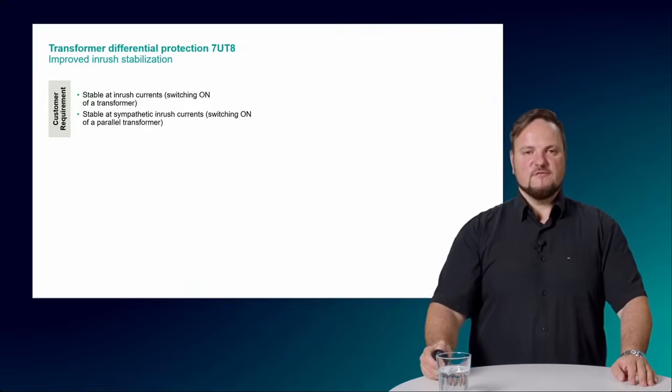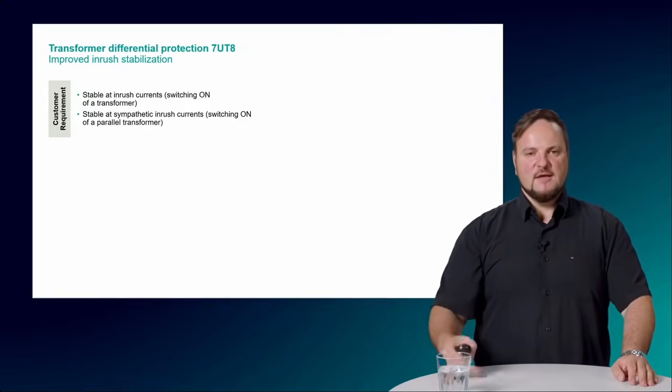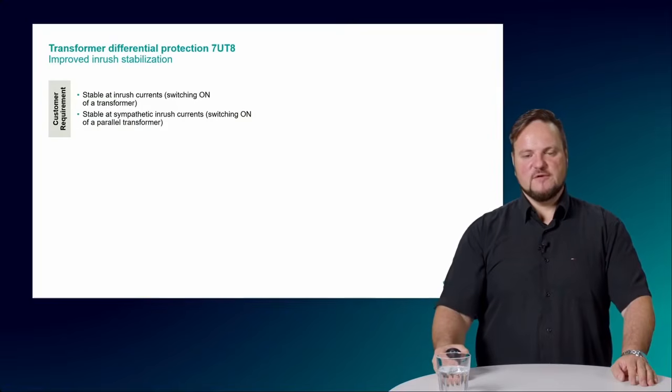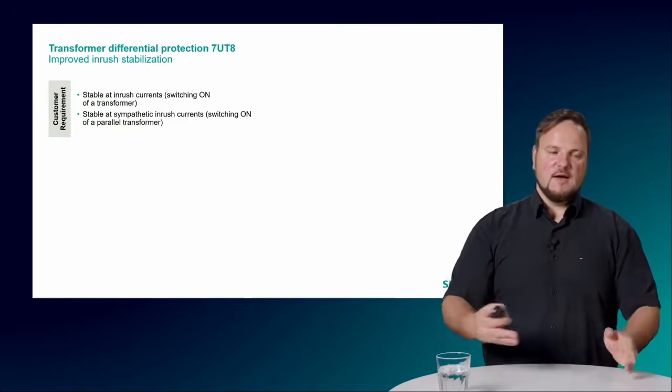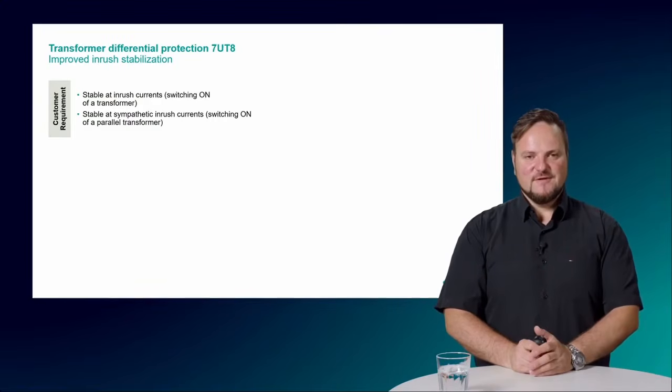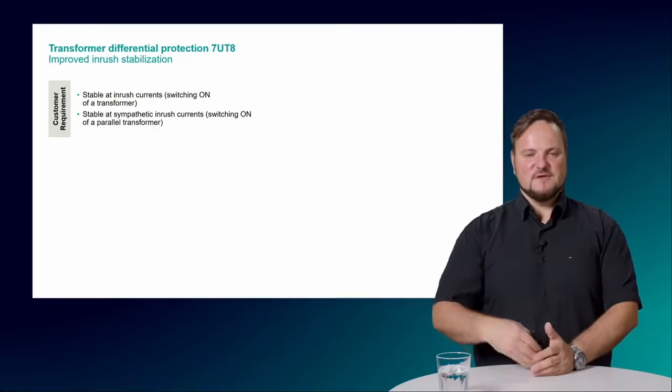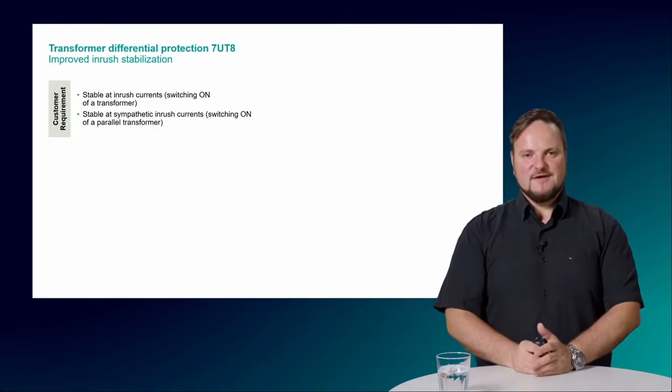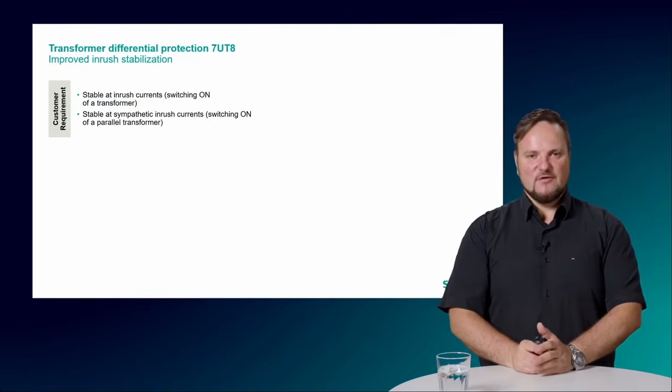So that means you have to switch on again and again until enough second harmonic was available in the differential currents that we can block the differential. Or I was doing that during my commissioning time. So that means I was blocking the differential protection, enabling only an overcurrent protection function so that I could energize the transformer.